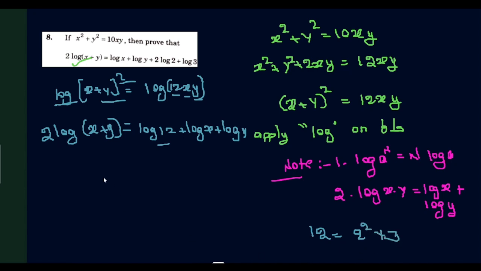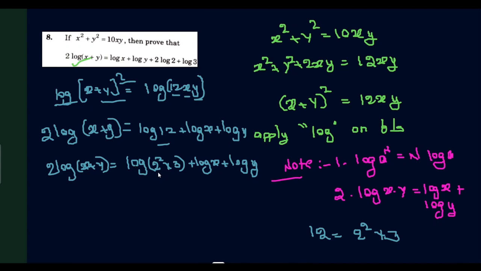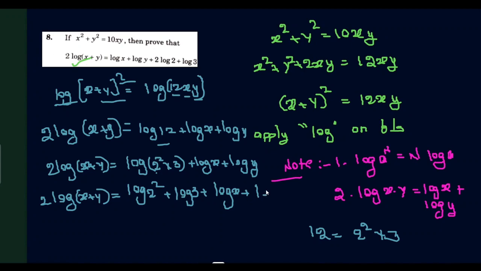So 2 log x plus y is equal to 2 log of 2 square into 3 plus log x plus log y. Now here again you need to apply the log a power n and log a into b formulas. So 2 log x plus y is equal to first log 2 square plus log 3 plus log x plus log y.